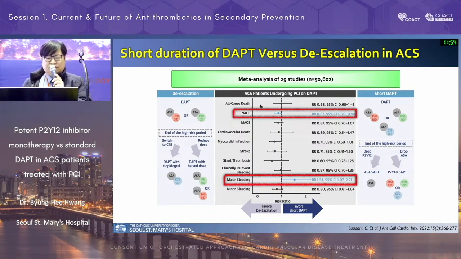So you can see that de-escalation is favored in the NACE, net adverse clinical events, but bleeding is more favorable to short DAPT. So maybe removing aspirin or P2Y12 inhibitor reduces major bleeding, but it can cause more NACE.